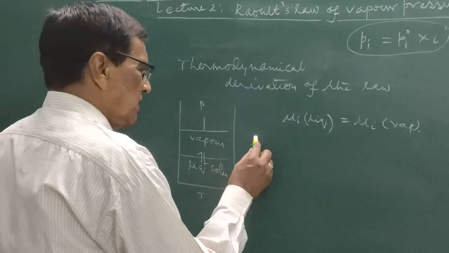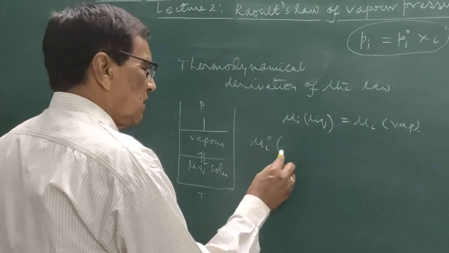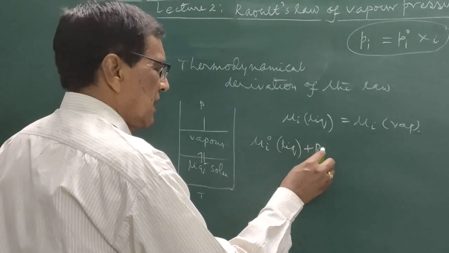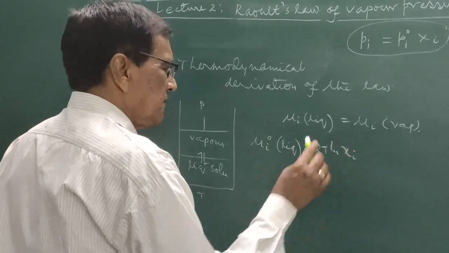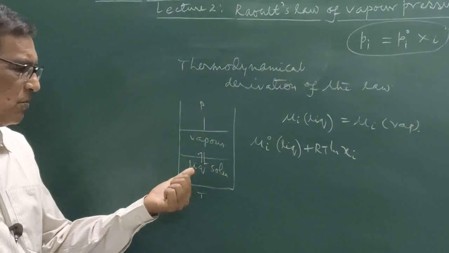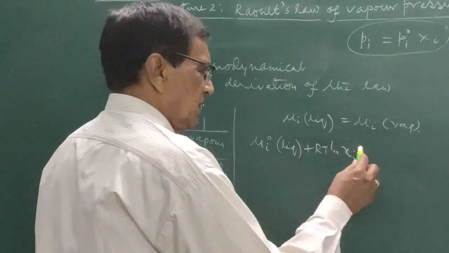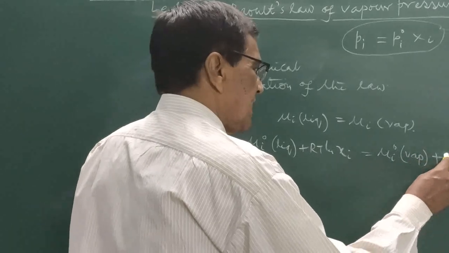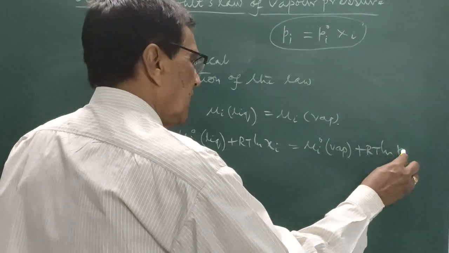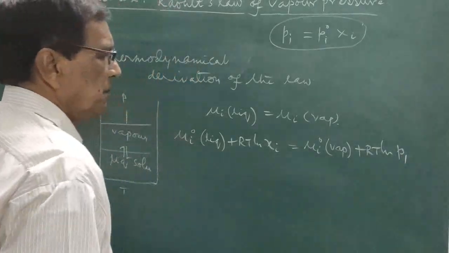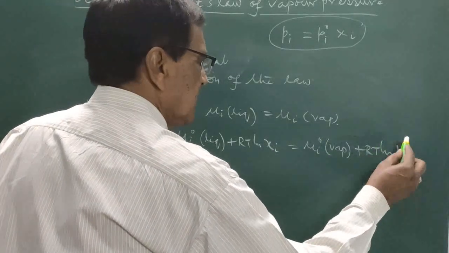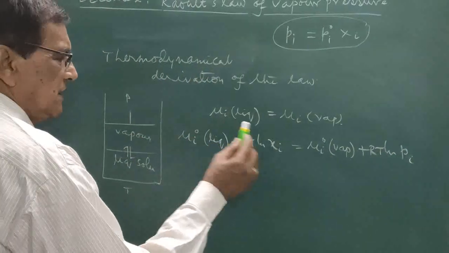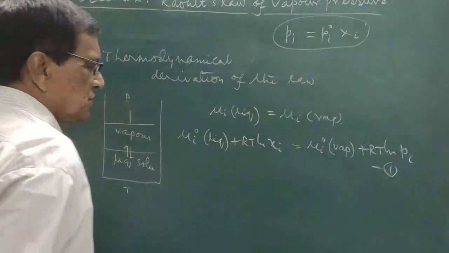Instead, I can write mu i naught liquid plus RT ln xi, where xi is the mole fraction of the ith component in the liquid phase, and this is equal to mu i naught vapor plus RT ln Pi, where Pi is the vapor pressure of the ith component in the vapor phase. So this is the main relation, equation number 1.